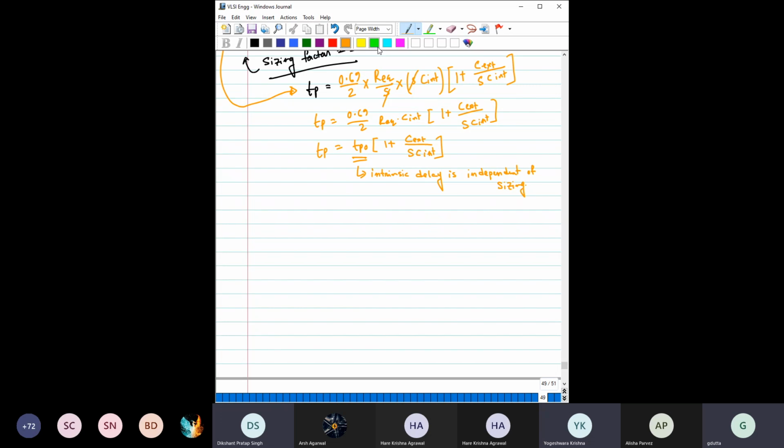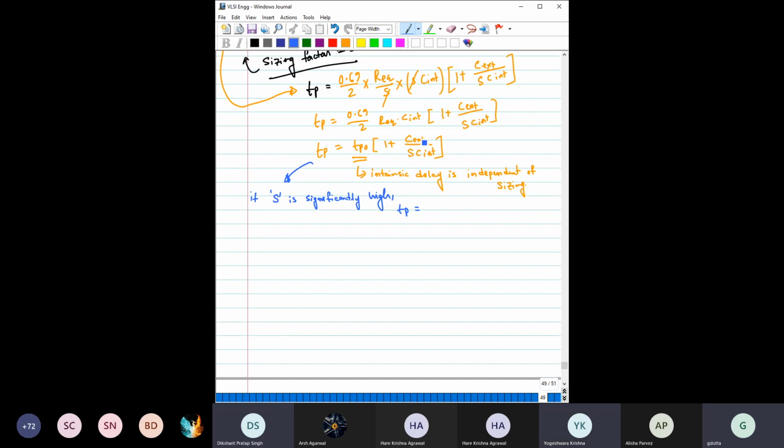Now, some more observation from here. If you make S significantly high, then you can see S factor is here.